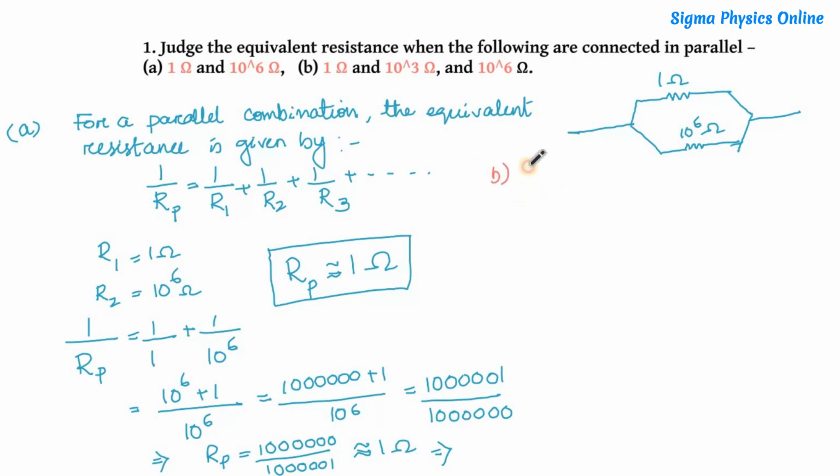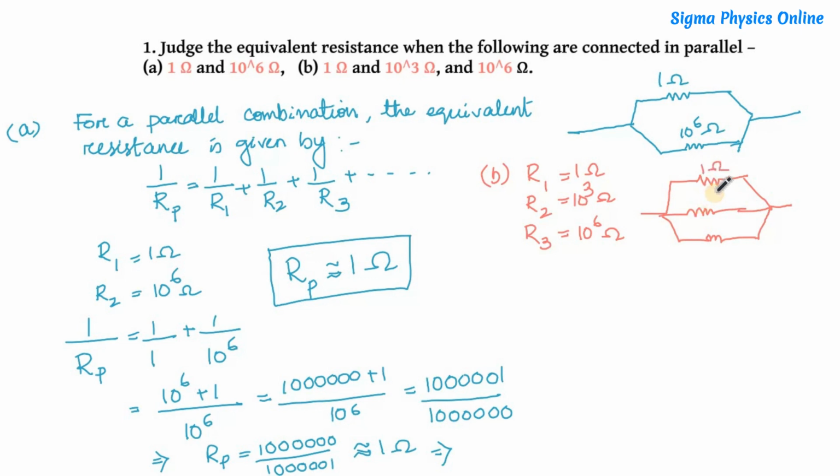In the second bit, the resistance R1 is 1 ohm, the resistance R2 is 10 to the power 3 ohm and R3 is 10 to the power 6 ohm. These are the three resistors and they are connected in parallel. So this is 1 ohm, this is 10 to the power 3 ohm and this is 10 to the power 6 ohm.